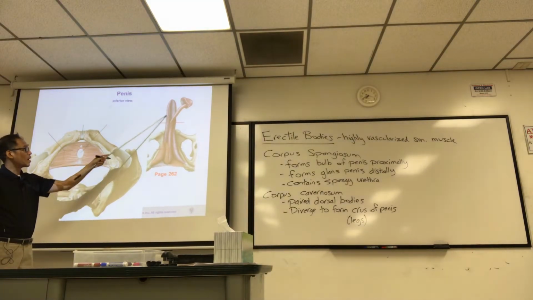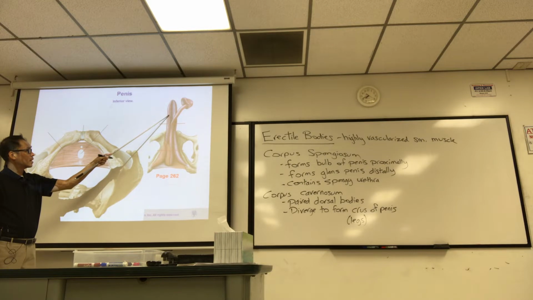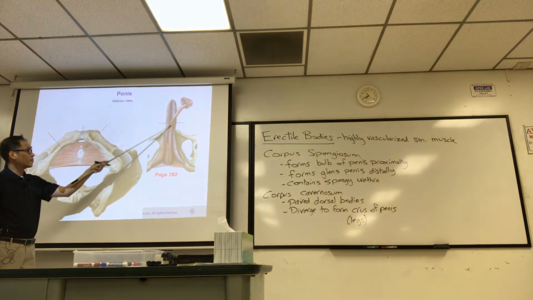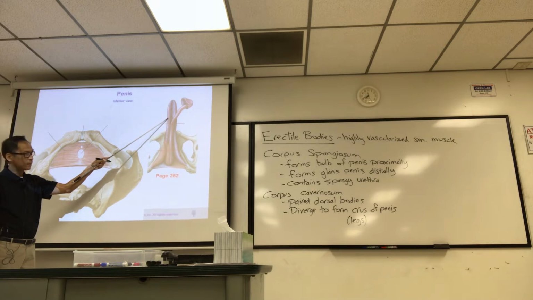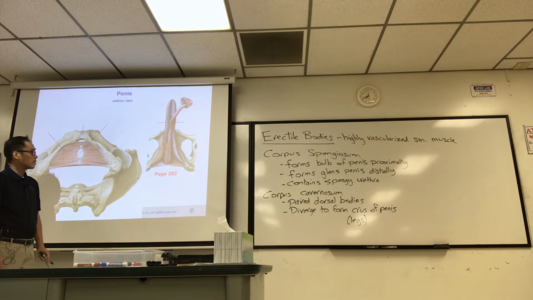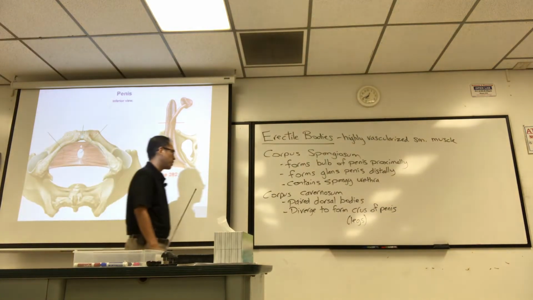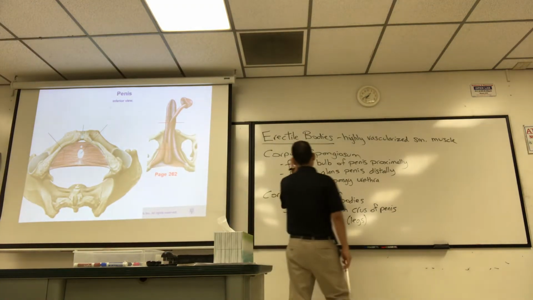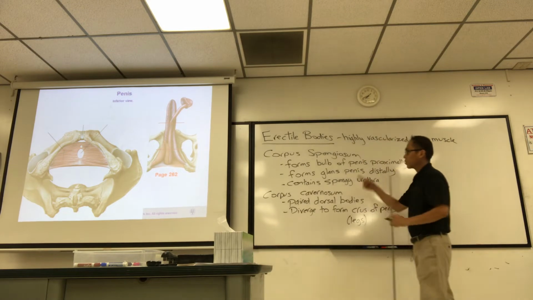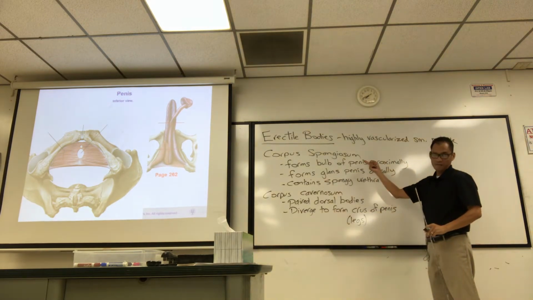So up here, they're paired, but it looks like they're attached. And this is the ventral aspect of the penis. So these are paired and they're dorsal. They're on top. Okay. And also, we should note that the corpus spongiosum, during an erection, fills with blood, but it remains soft.